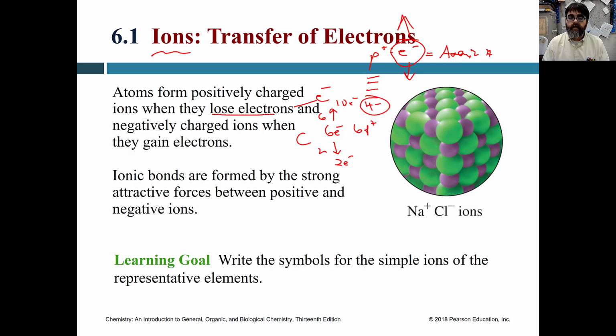Versus if it loses 4 electrons, then it's got 6 protons and only 2 electrons, and then it ends up with a 4 plus charge. It sounds backwards that when you lose something, you end up with a positive charge, and that when you gain something, you end up with a negative charge. But you have to remember that electrons are negative.